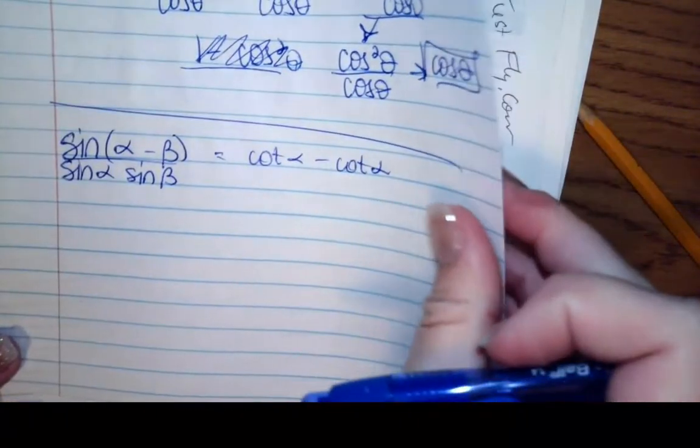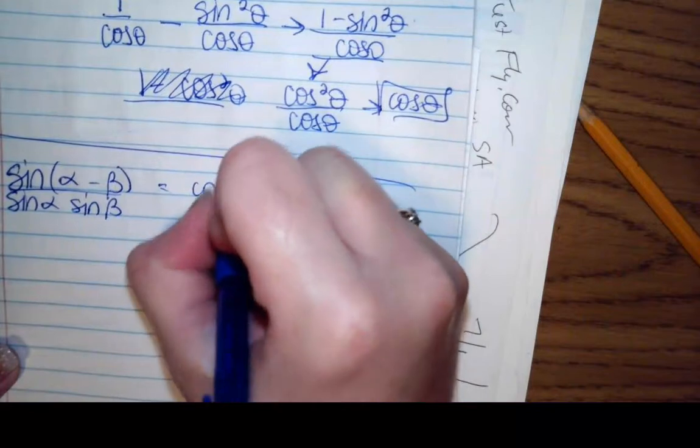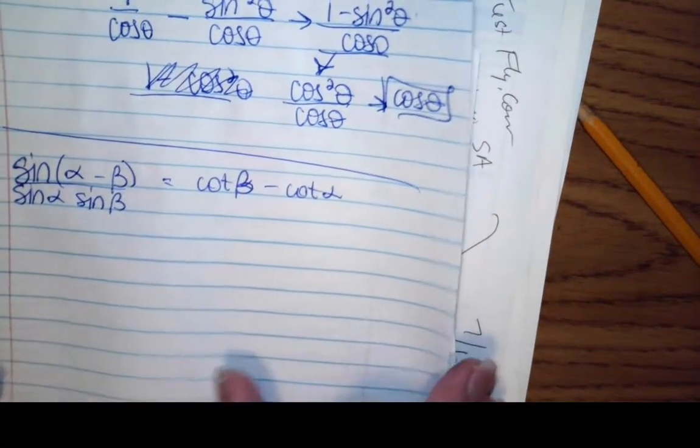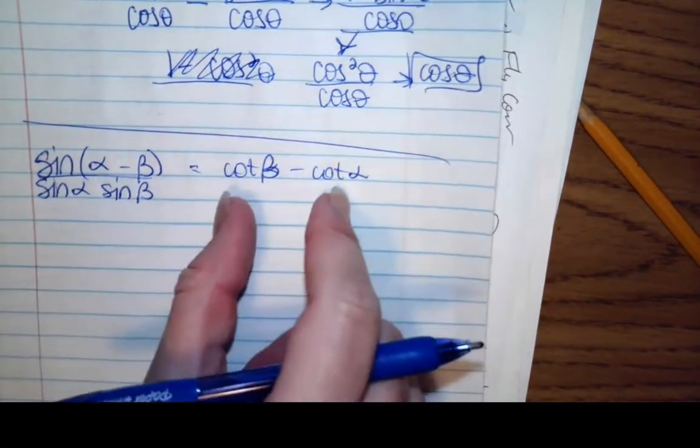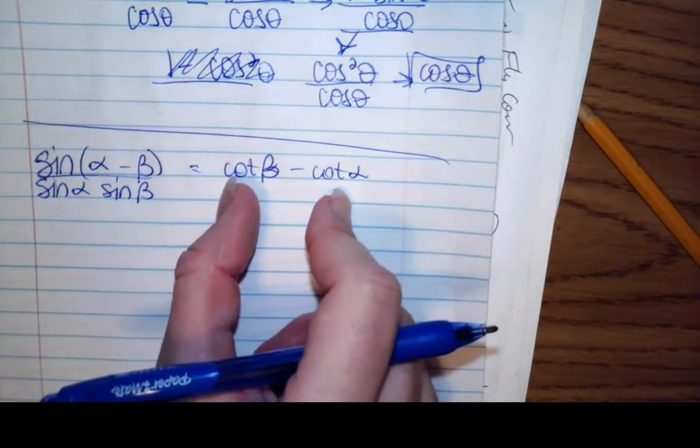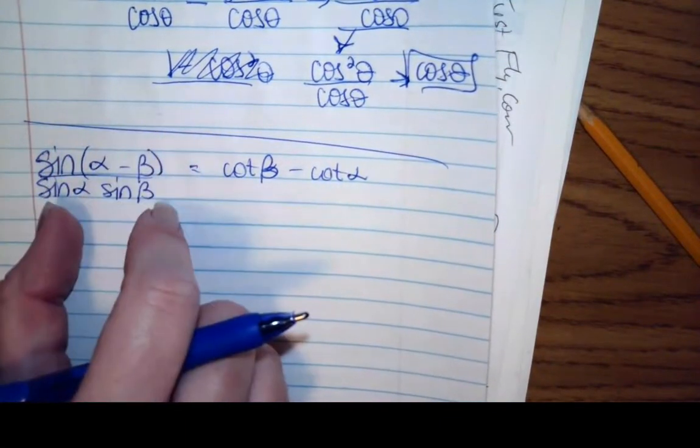Oops, cotangent beta, sorry. The first thing I notice is I'm trying to get this in terms of cotangents, which means I really want this to be cosines over sines.